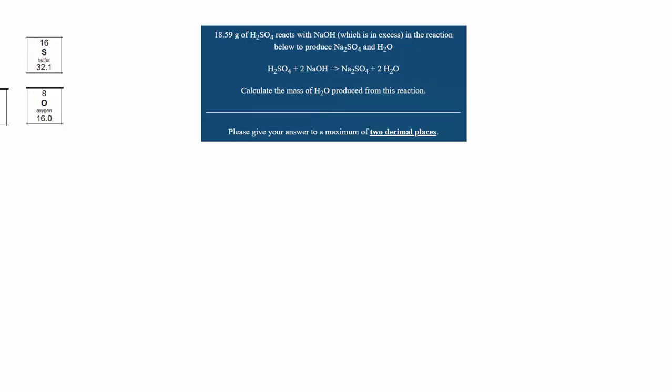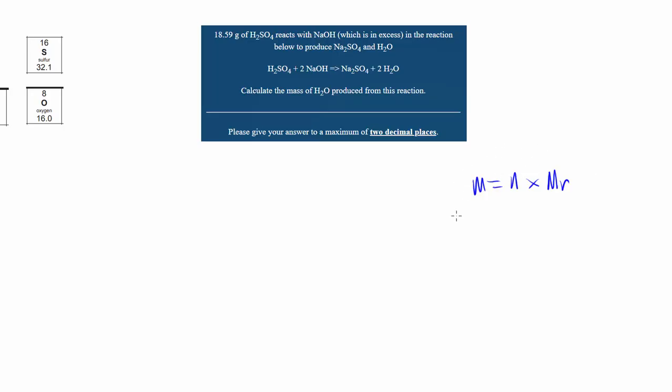We don't even have the amount of substance yet, but we do have a mass, right? So because we've got a mass, we can use the equation that the mass is equal to the moles multiplied by the molar mass, Mr. We can use that to work out an amount of substance.